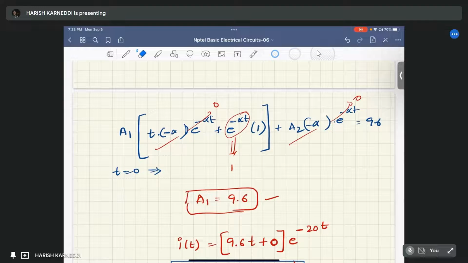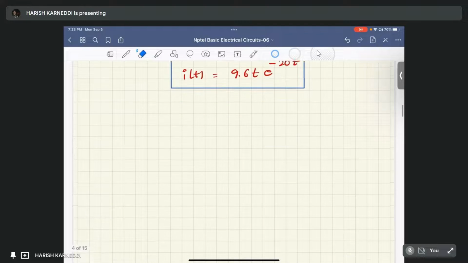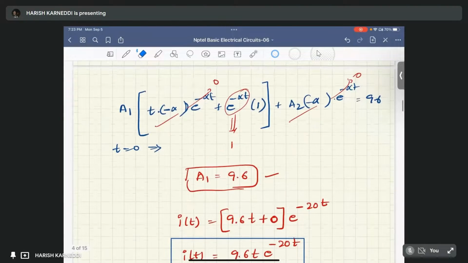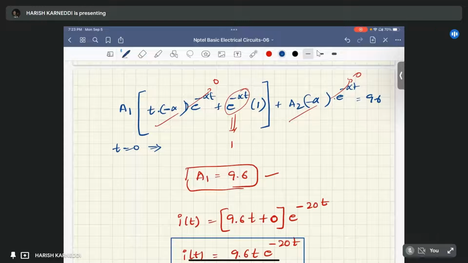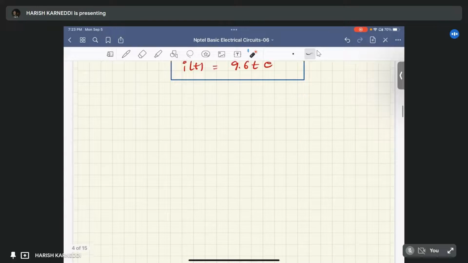But anyways these two terms are going to be zero, right? If you put t equal to 0, this term is going to be 0 and A2 is anyways 0. Thank you for correcting.